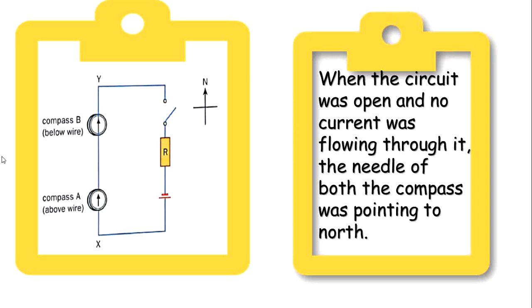He kept one magnetic compass above the wire at A and another under the wire at B. When the circuit was open, no current was flowing through it. Then what happens to the compass needle? The needle of both the compasses was pointing towards the north.